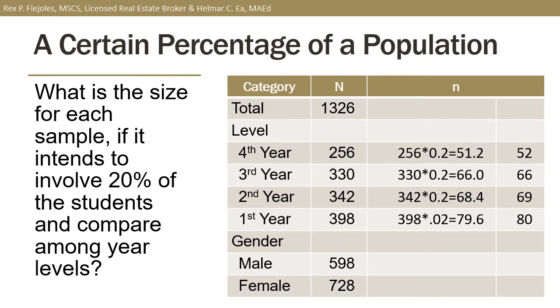From 3rd year, 330 times 0.2 is equal to 66. The sample size is 66. From 2nd year, 342 times 0.2 is equal to 68.4. The sample size is 69. And from 1st year, 398 times 0.2 is equal to 79.6. The sample size is 80.